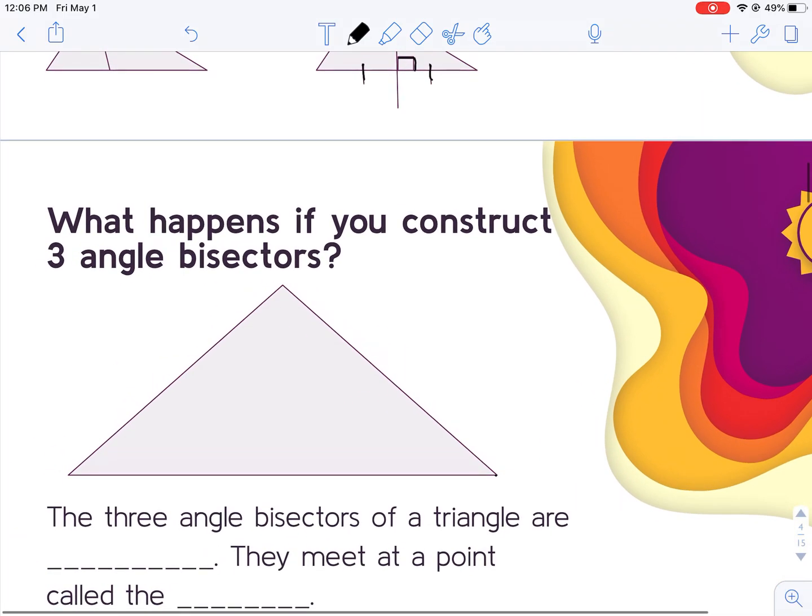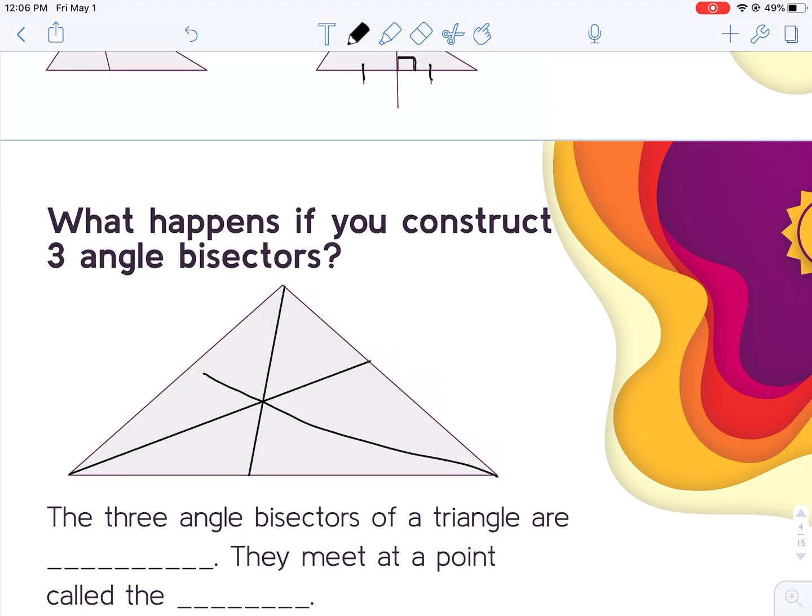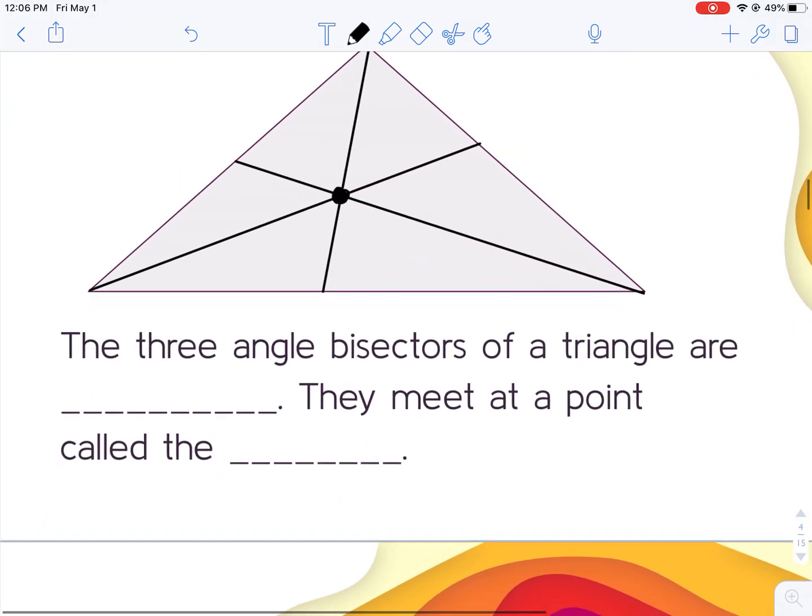So if we draw in three angle bisectors, and I'm going to do this the best I can. If you were doing this for real, you would have to use a compass and a straight edge. But with my three angle bisectors, and again, I'm a little bit off, they all meet at one point.